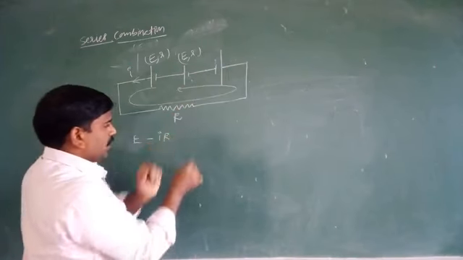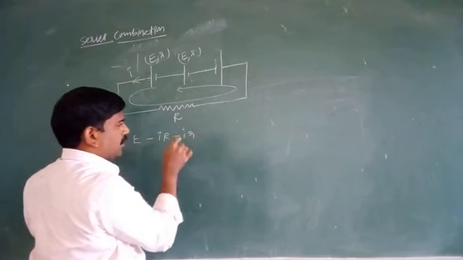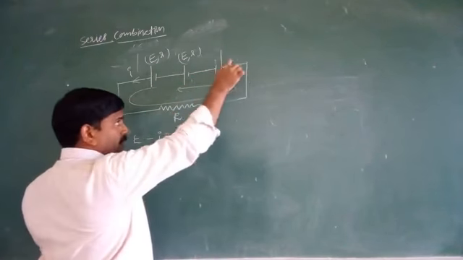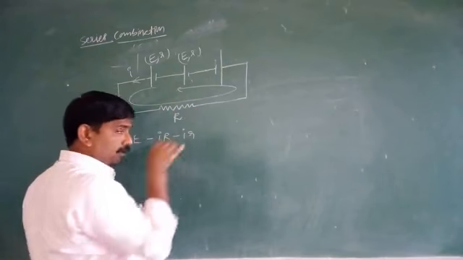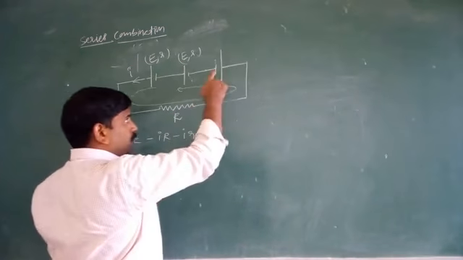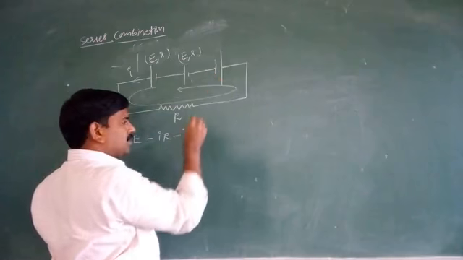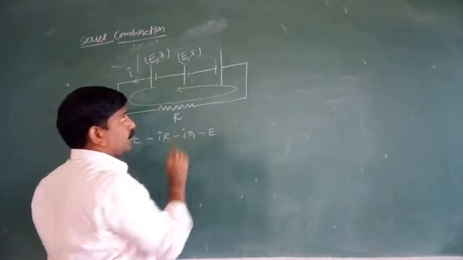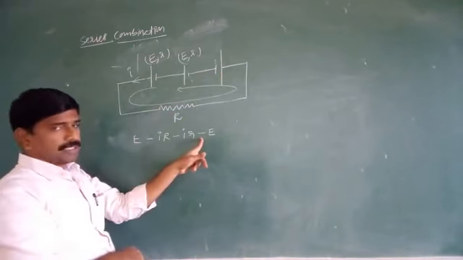Next, here the internal resistance is present, the potential drop across it is minus Ir. Next, in this cell also potential is dropped, therefore minus E.